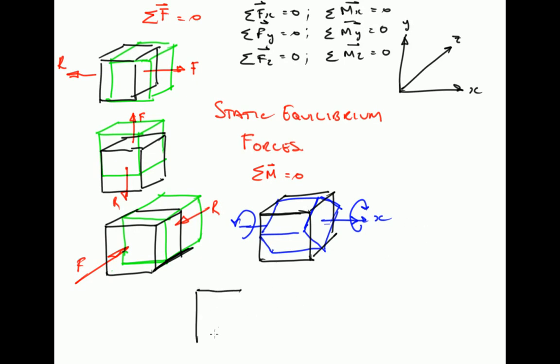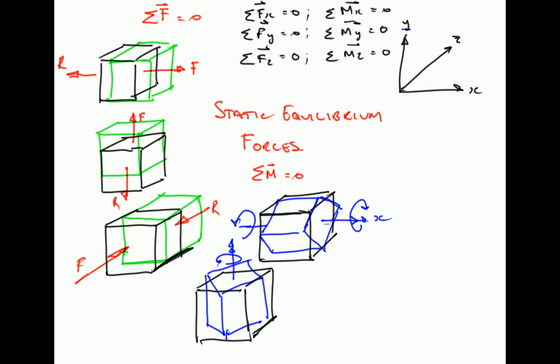And just for completeness, if we have that same body subject to rotations about its y-axis, we end up with a body which will rotate in this sense. I'm trying to show a rotation again with the double arrow around that axis, as the y-axis.